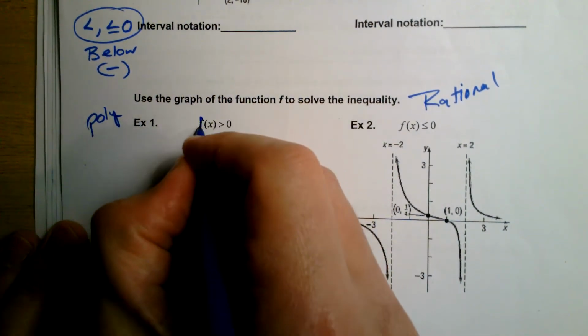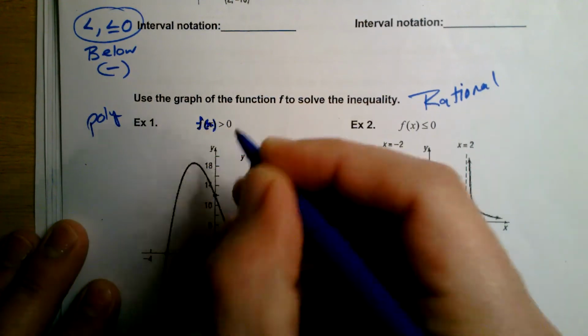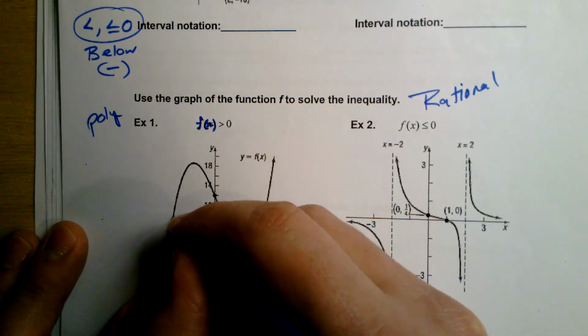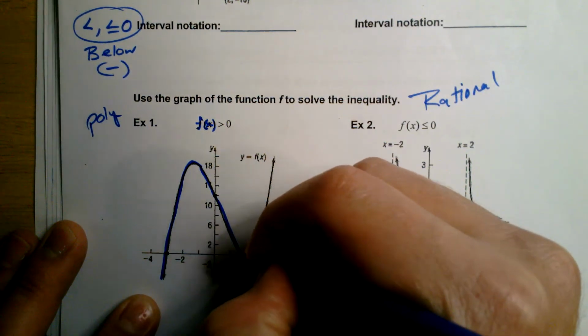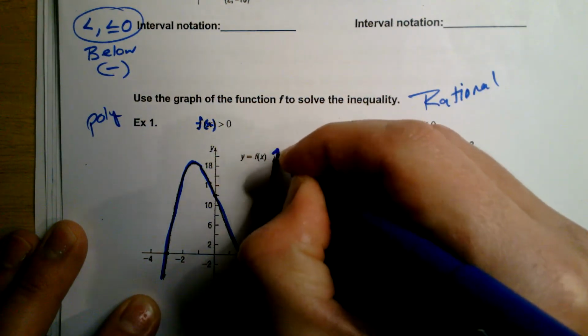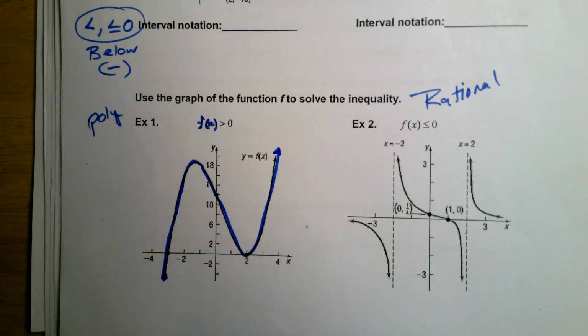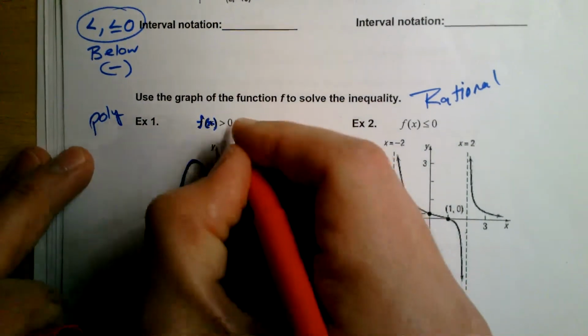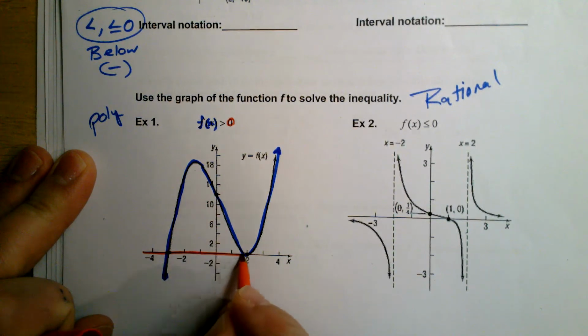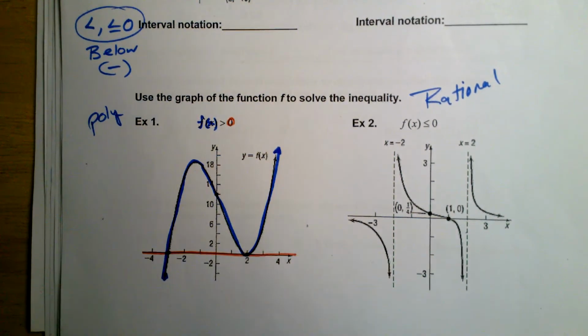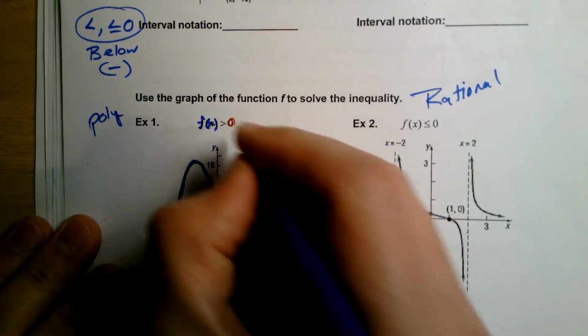I've got f of x. I'm going to do f of x in blue here. So f of x starts here and goes up, crosses, it touches, and goes back up. Okay. And then y equals 0 is this horizontal line, the x-axis. Well, we want to look at this graph and identify where it's greater than 0.